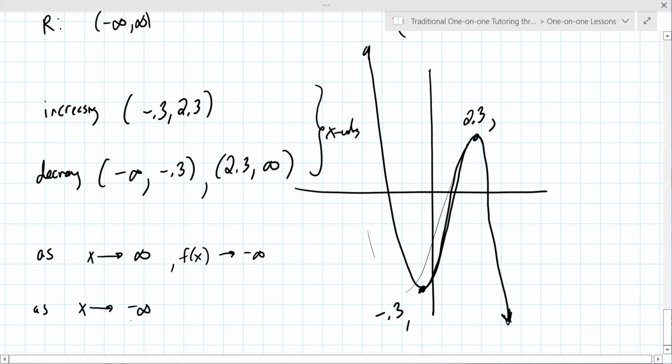But when you go the other direction, as x goes to minus infinity, that means to the left. You can trace the curve to the left until you're only moving either straight up or straight down. And you can see that f of x is going to positive infinity, or just infinity.